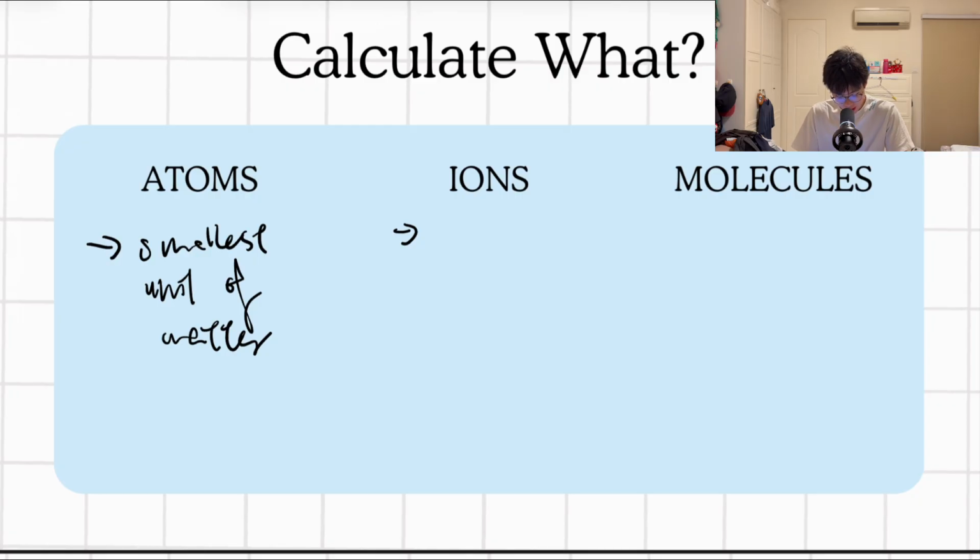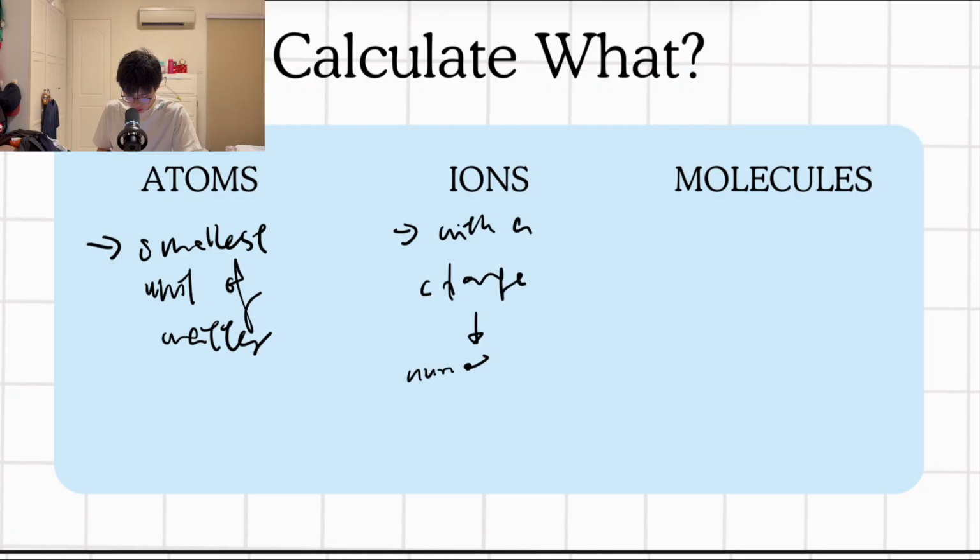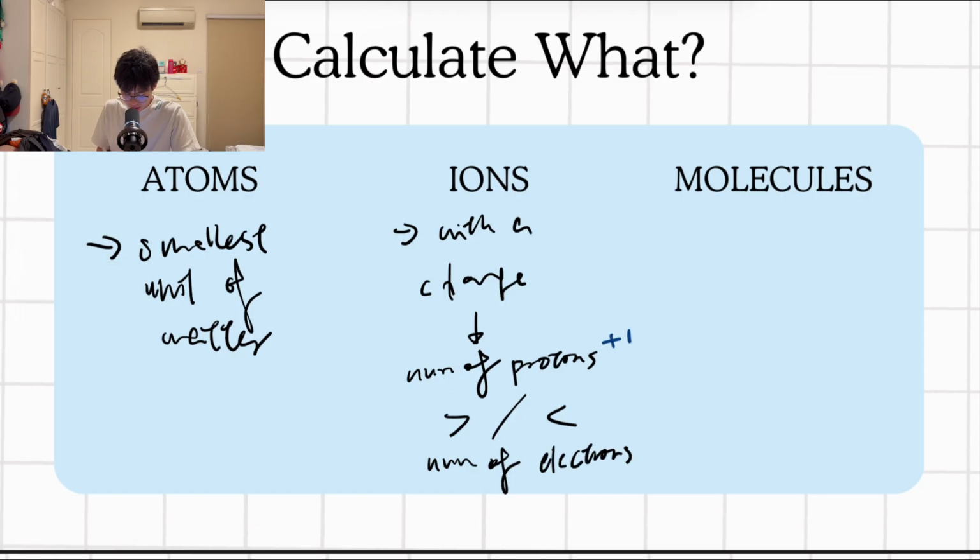Well, they can be atoms, which is the smallest unit of matter, and ions, which are a type of atoms but with a charge. The number of protons is more than or less than the number of electrons, because protons have a +1 charge and electrons have a -1 charge.